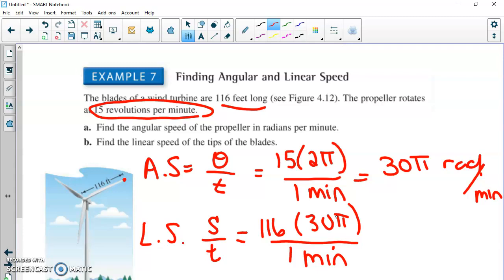For this one, for linear speed, you need to multiply out pi. So take a minute, hit pause, and multiply out 116 times 30 times pi.